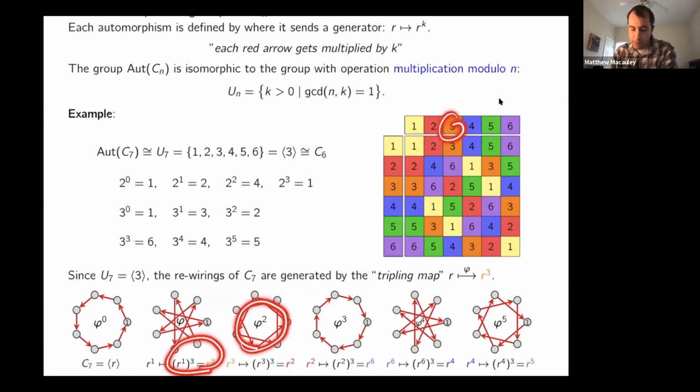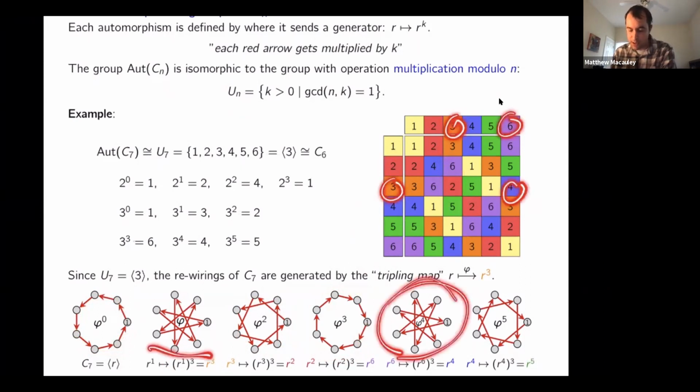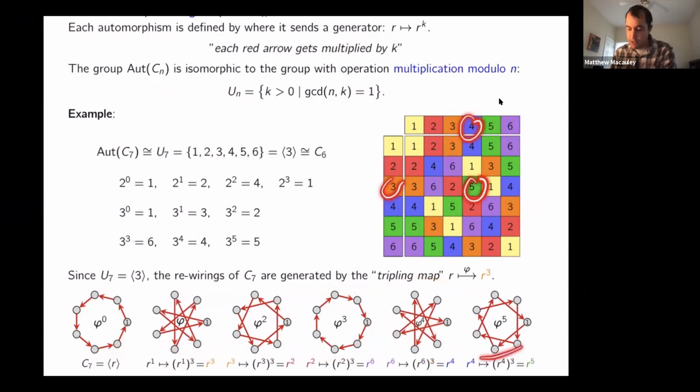Now 3 times 2, if you do the tripling map again, is 6. So if you do the tripling map 3 times, this gets mapped to 6 arrows. And now 6 times 3 again is 4. This is the quadrupling map, and then 4 times 3 is 5. If you do it 5 times, you get this thing here.